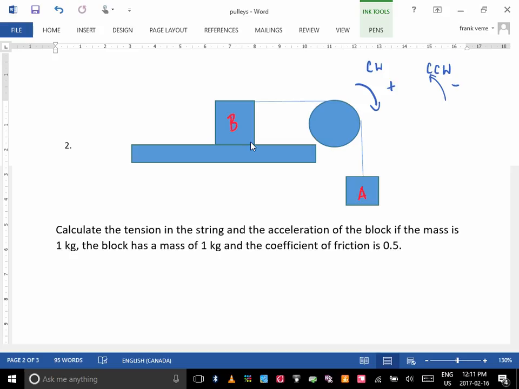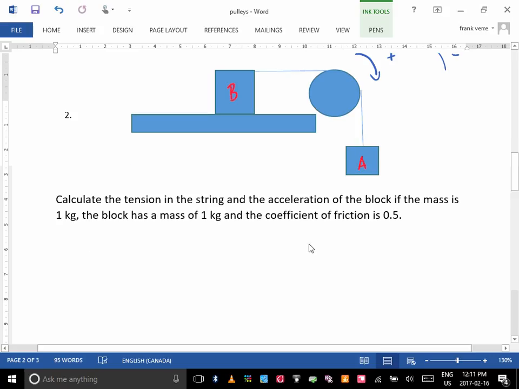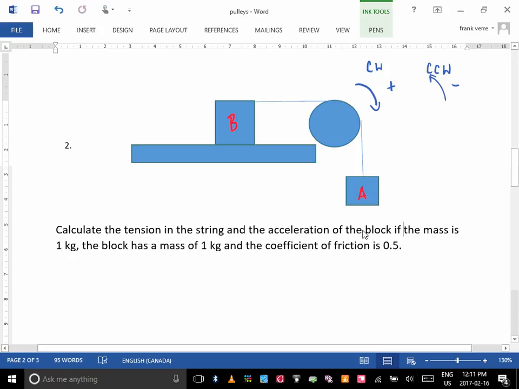So there's friction between the block and the platform or the ground, but there's no friction in the pulley system itself, okay?